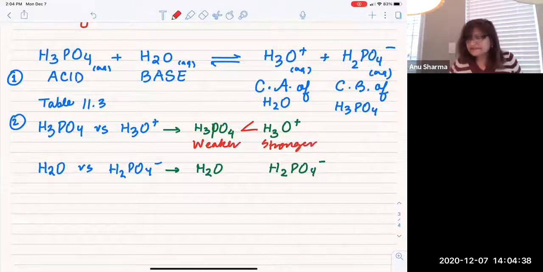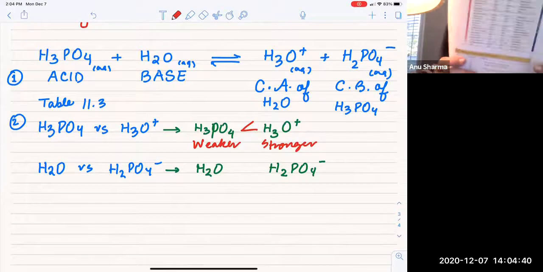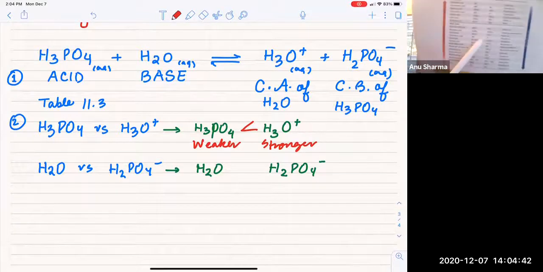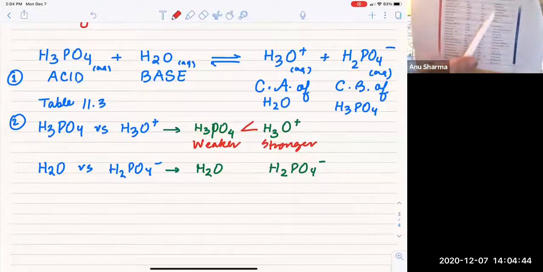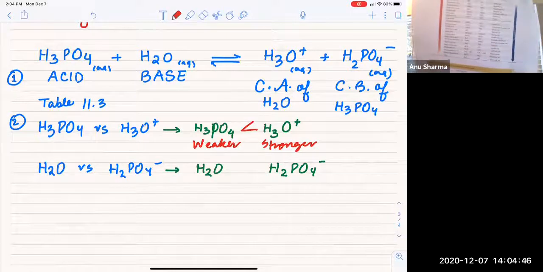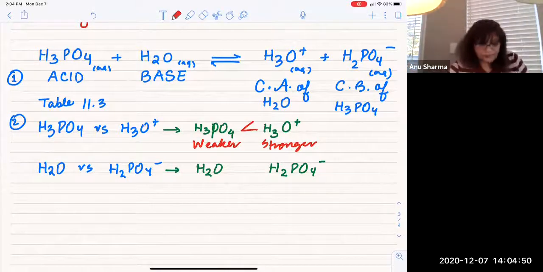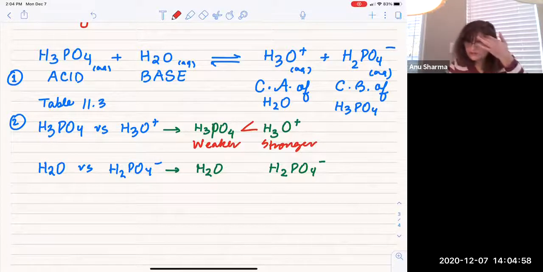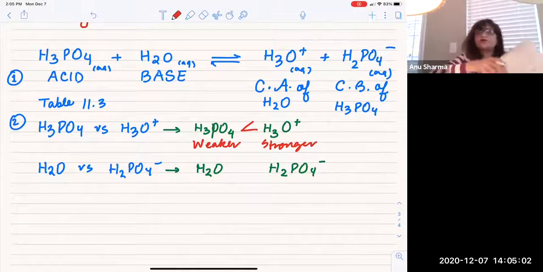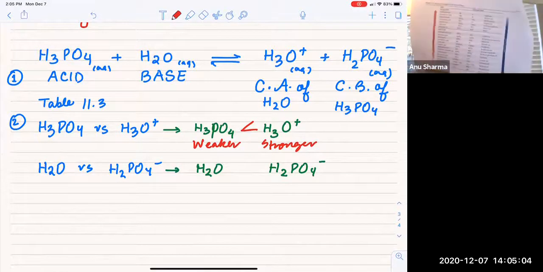Next is compare water and H2PO4 negative. Now you're going to look on the basic side because you're comparing the base. Which one is stronger? Water is weaker, because base strength increases as it goes down.